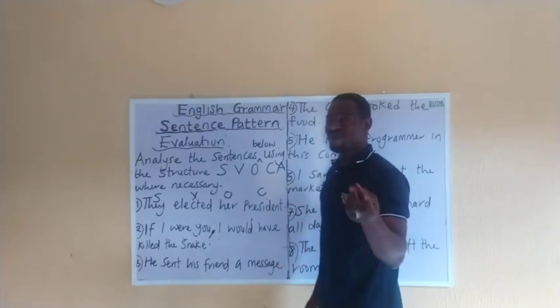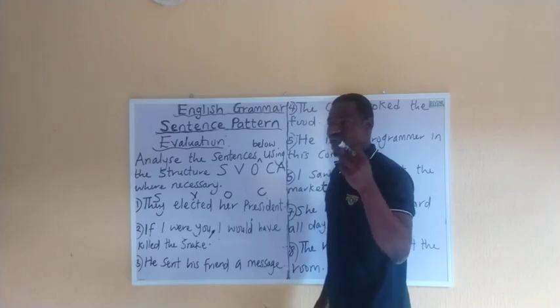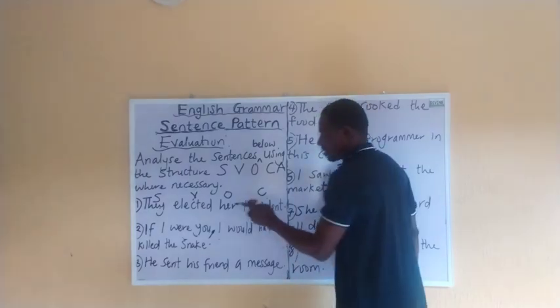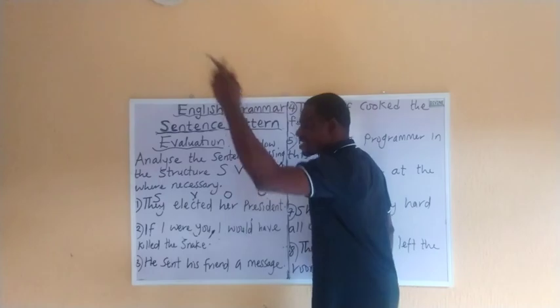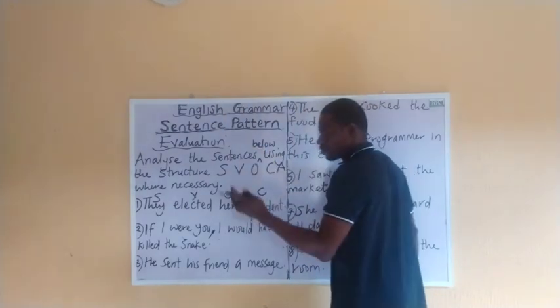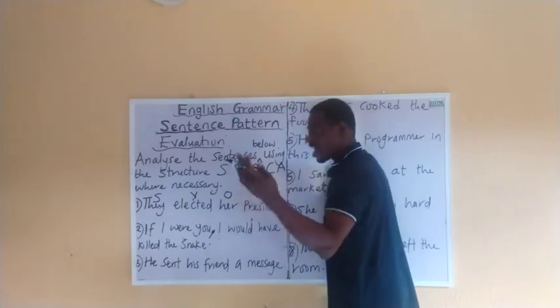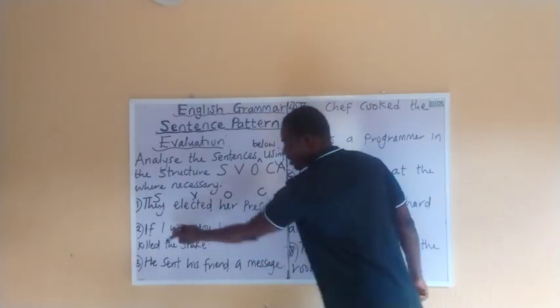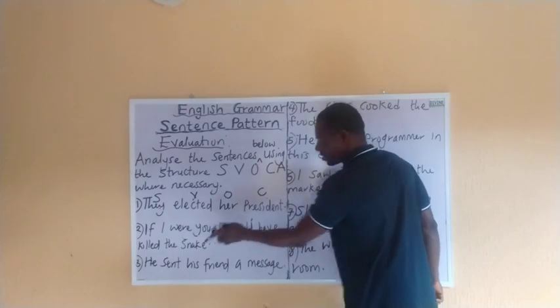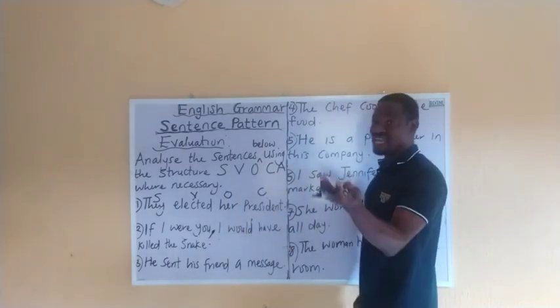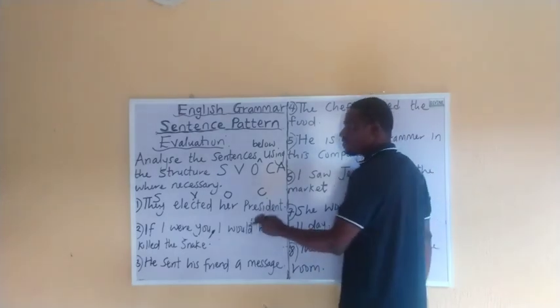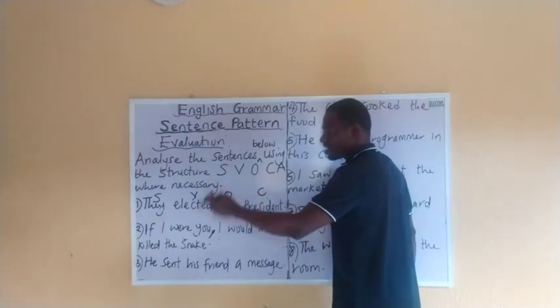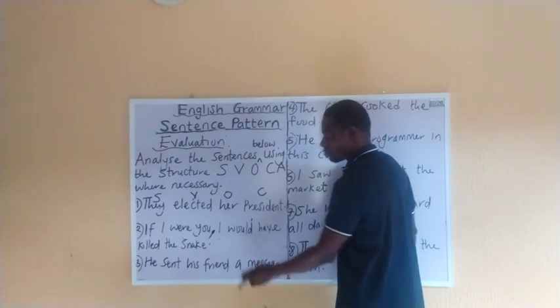adverbials can be referred to as adjuncts, in the sense that they can be found either at the beginning or at the end. So this sentence can be seen as, if I were you, I would have killed the snake. I would have killed the snake if I were you. And whenever adverbials begin a sentence, it is usually marked by a comma.